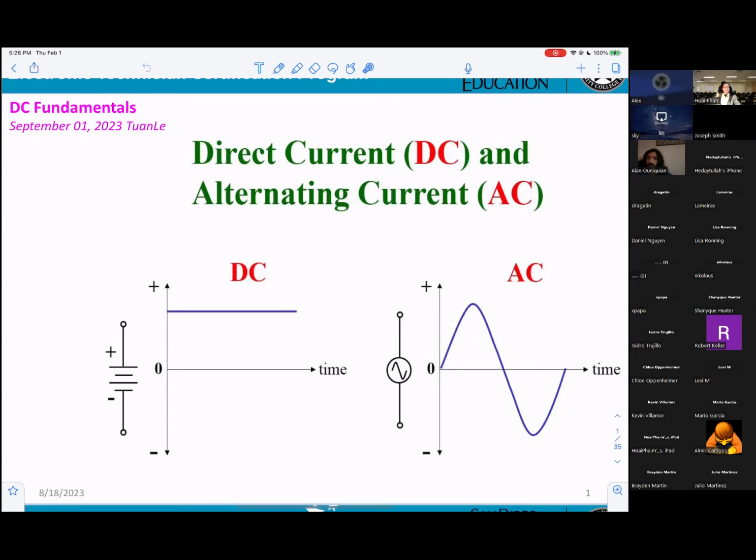From a generator. Now, easy. You can get that from your outlet, correct? Yes. Okay. If you're looking at your outlet with an oscilloscope, you can see this signal. Okay, that is the AC.